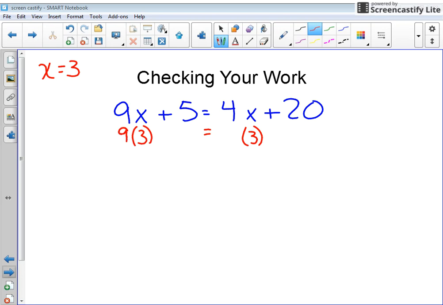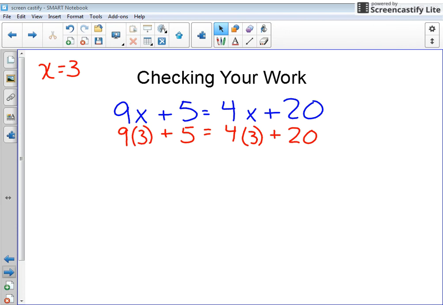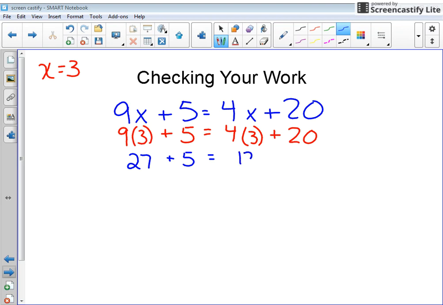So I go ahead and write the equation out, but I write 3 in the place of the x. Okay, so 9 times 3 is 27, plus 5 equals 4 times 3 is 12, plus 20.